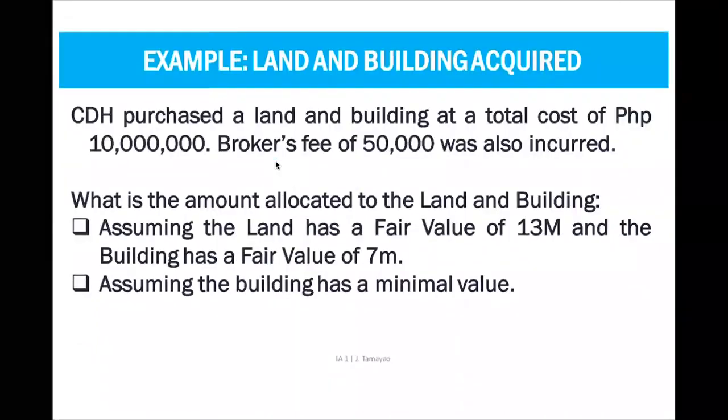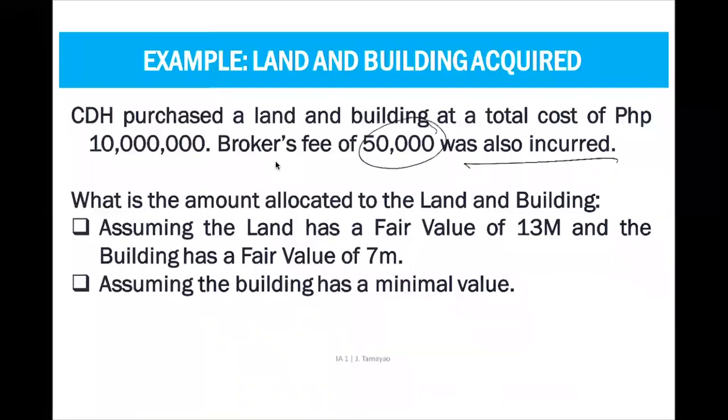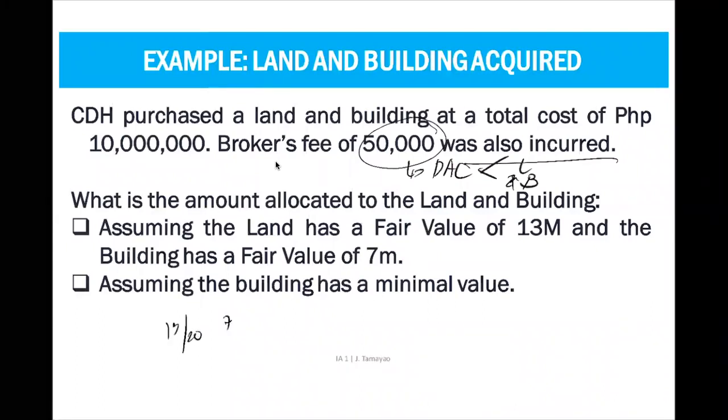CDH purchased a land and building at a total cost of 10 million and a broker's fee of 50,000 was also incurred. This broker's fee is a directly attributable cost allocated to land and building. Therefore, you also allocate it. So we have 13 over 20 and 7 over 20. But what is the total allocable cost now? It is 10,050,000.